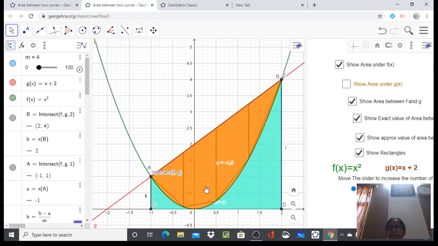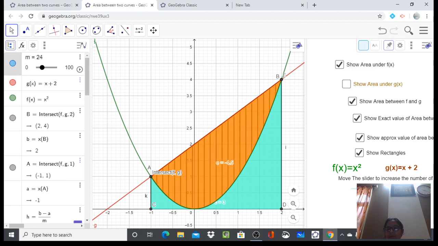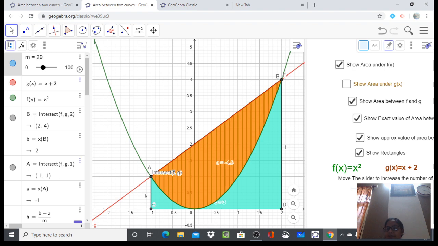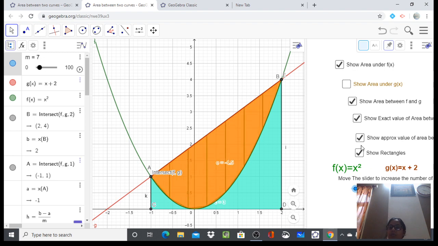This is not exactly a rectangle, this is a quadrilateral type, but when we increase the number, we form rectangle types, and we approach the exact value of the integral. So I thought I should not write rectangle, but just quadrilateral. We have calculated the two integrals here.